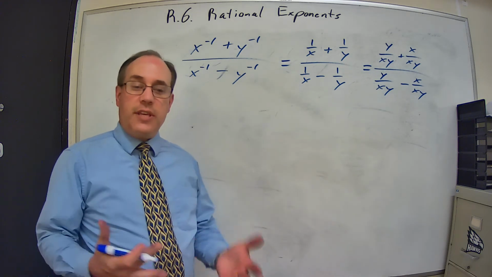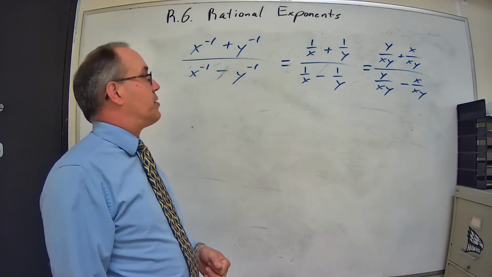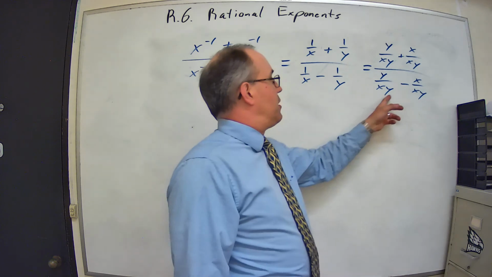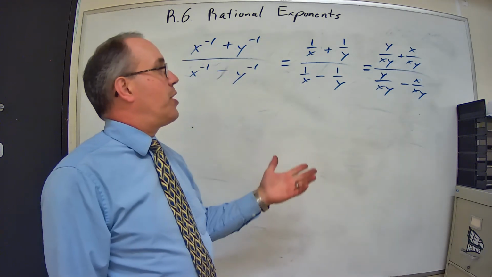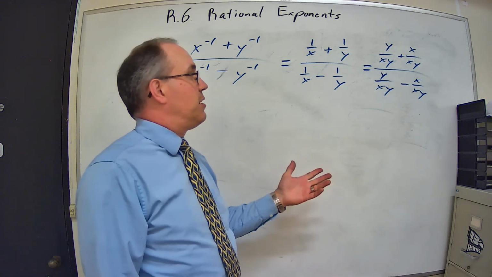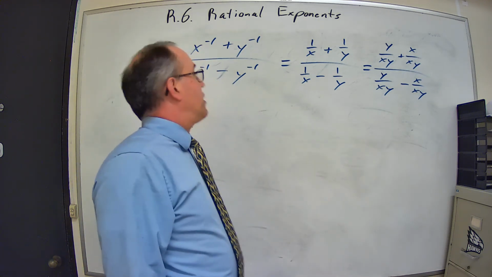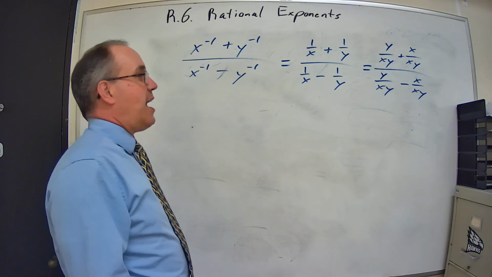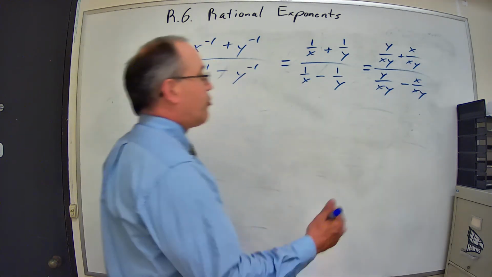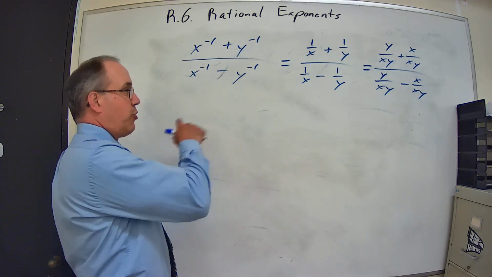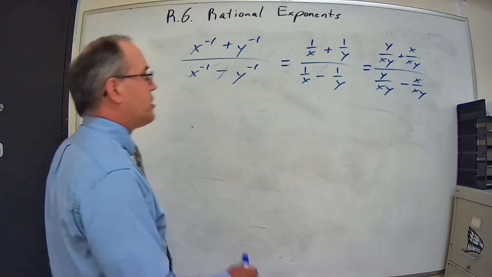Now this came out to something a little more interesting, because at this point we have a common denominator all the way throughout this. So we can cancel those out. I'm going to rewrite it one more time and go through two more steps just so it shows exactly what's going on.